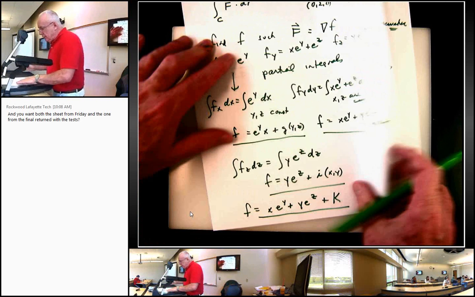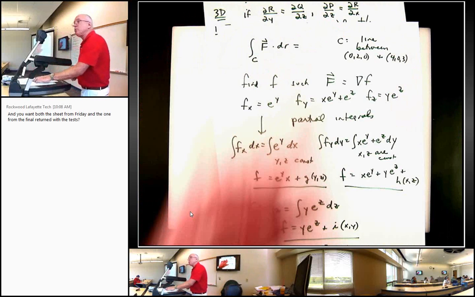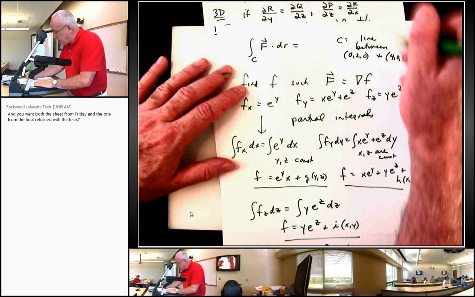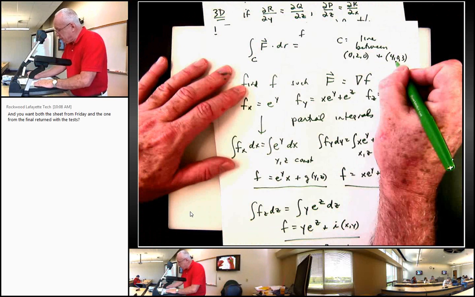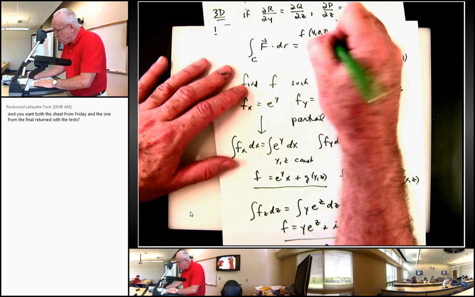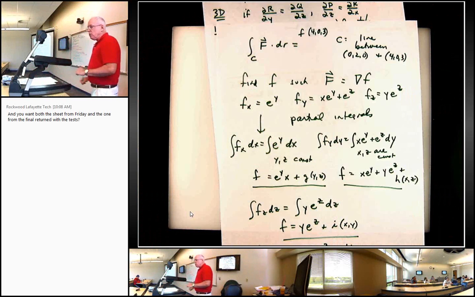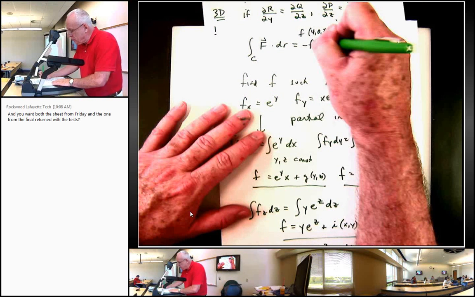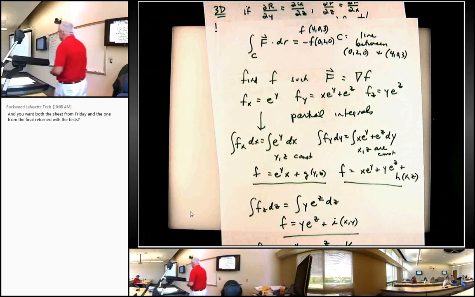So this is our function little f. So basically, because it's conservative, the integral is equal to little f evaluated at our endpoint minus little f at the starting point. Now our endpoint is what? Little f evaluated at 4, 0, 3, minus little f evaluated at 0, 2, 0. All right, so now it becomes very simple, hopefully, to do.